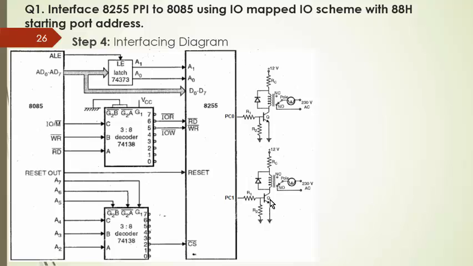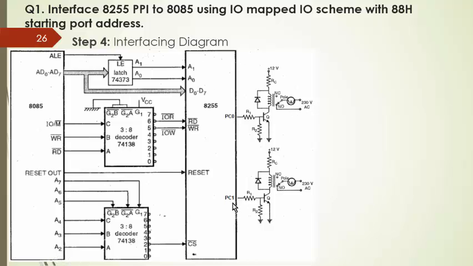Then on PC0 and PC1 we are going to interface the transistorized bulb driving circuit. So here PC0 is connected to the base of the first transistor and PC1 is connected to the base of the second transistor. In toggling mode, initially you will find PC0 is on, that means the first bulb is in on mode and the second bulb in off mode.